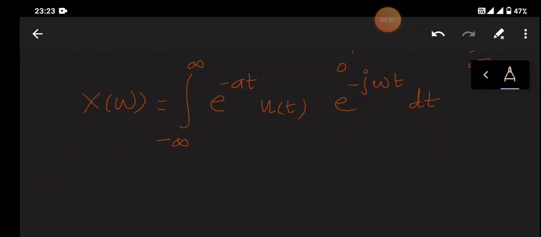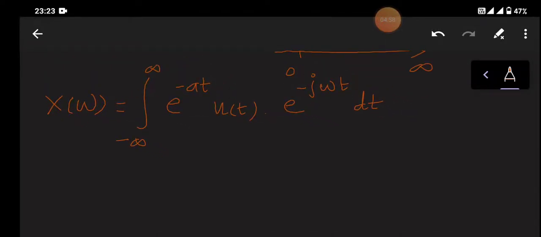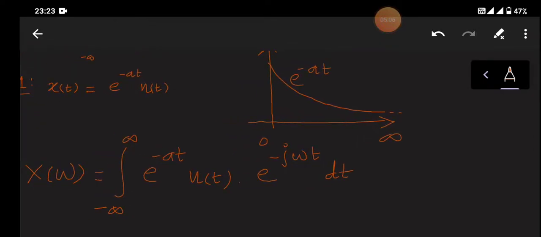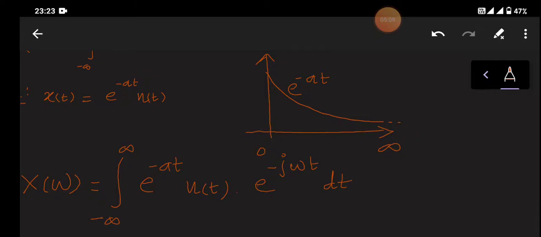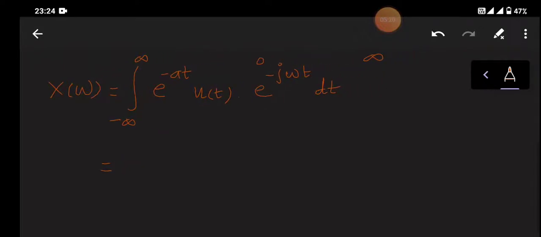In the next step, you can see in this integration that the signal exists for 0 to infinity. Meaning from minus infinity to 0 the signal will not exist. So I can change these limits here to 0 to infinity.